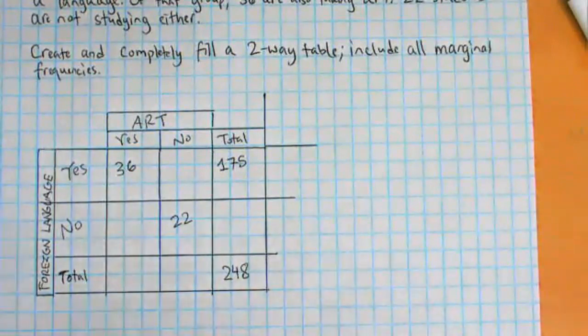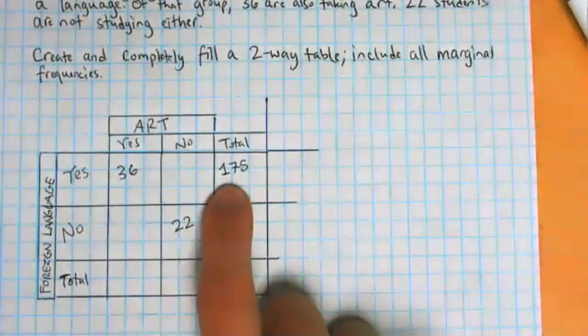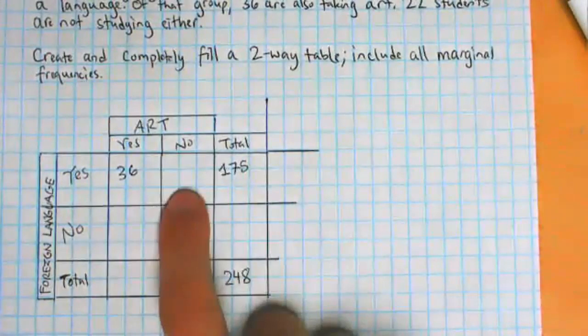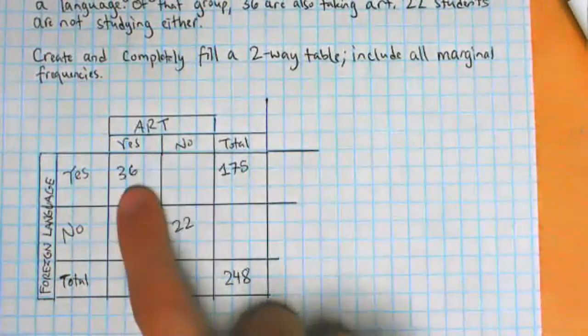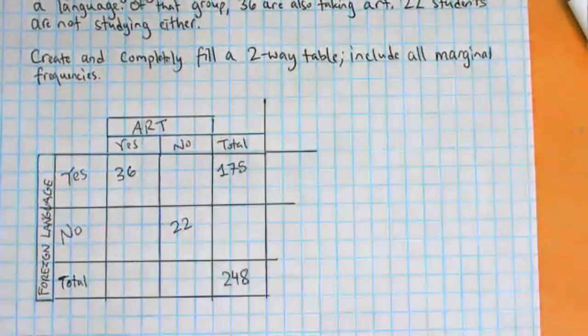If we look at this particular example, the first one you probably see is the yes row of foreign language. You'll see 36 people are taking foreign language and art, and 175 are taking the foreign language. That means the remainder of students are not taking art, meaning it's the difference between 175 and 36.